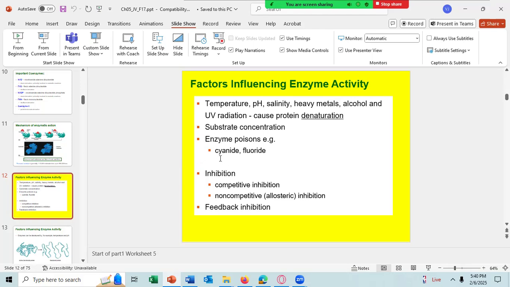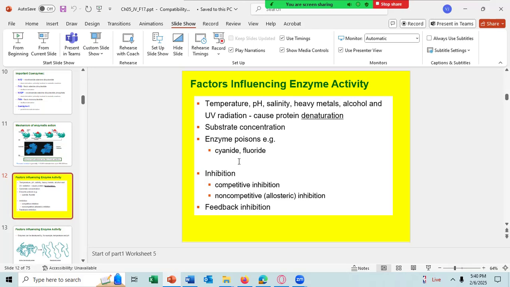And that's actually why cyanide does kill people. It binds to the enzyme, inactivates them, and then you don't get the chemical reaction occurring that you need. And that's how cyanide is a poison. Any question about any of that?